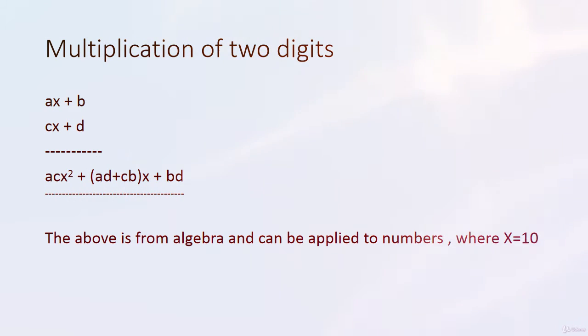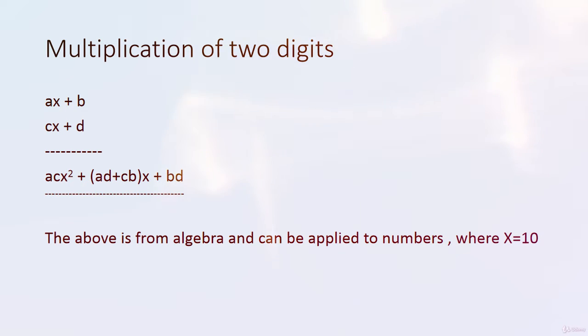Similarly, b gets multiplied by cx and b also gets multiplied by d. Now we take common x out. So what will be the answer? The coefficient of x square will be ac, the coefficient of x will be ad plus cb, and the independent coefficient will be bd.